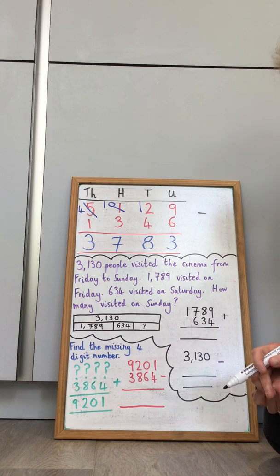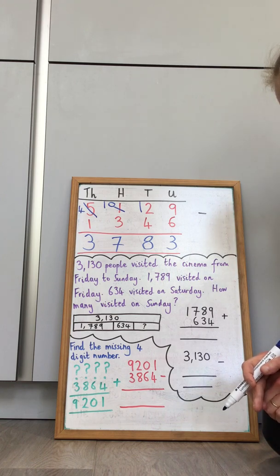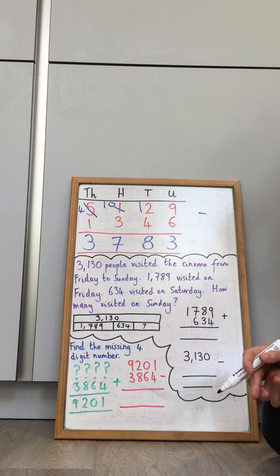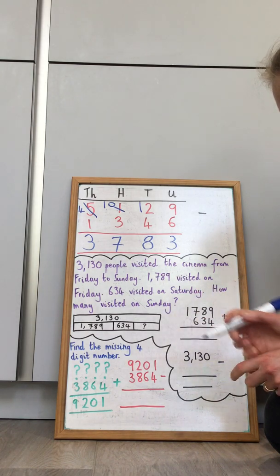3,130 people visited the cinema from Friday to Sunday. 1,789 visited on Friday, 634 visited on Saturday. How many visited on Sunday? Now the first thing I've done is to represent this problem using our bars.